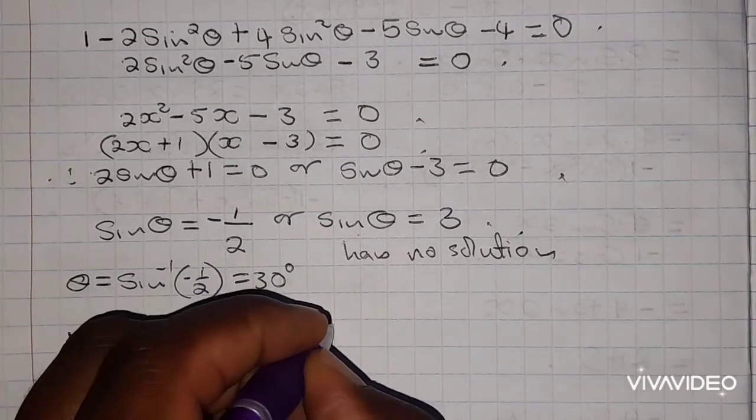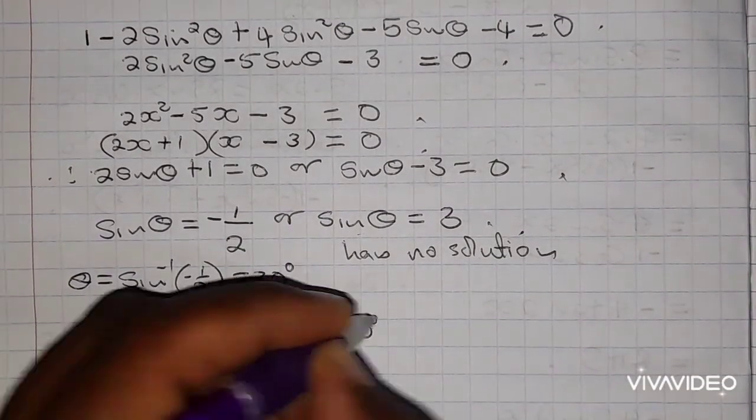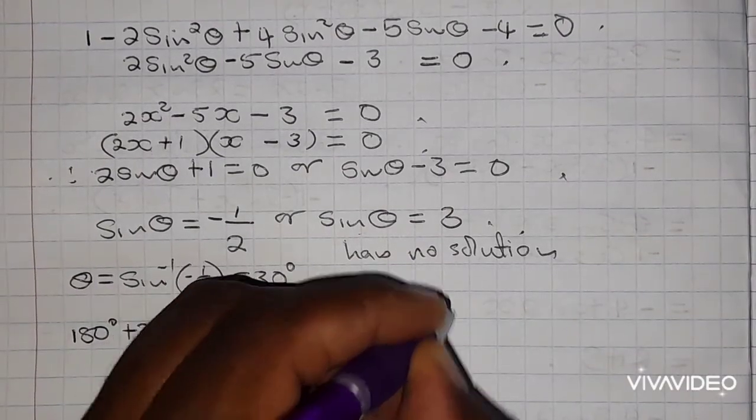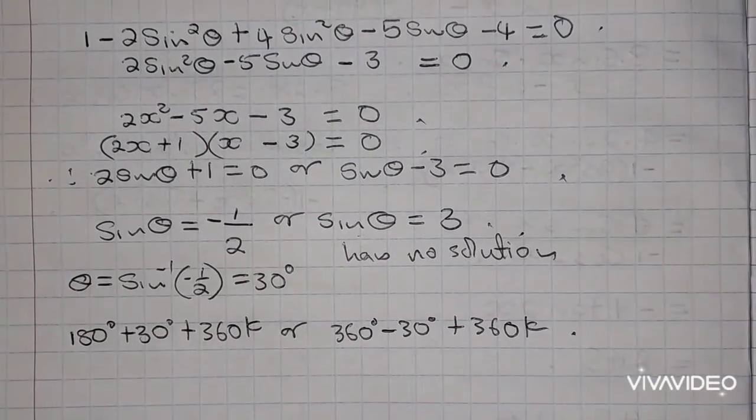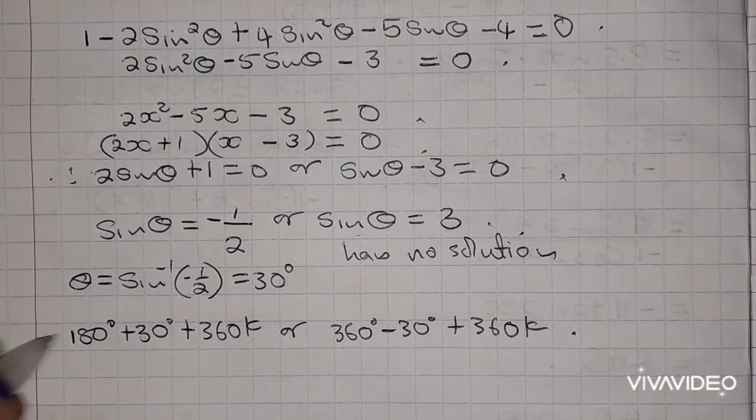The fourth quadrant is 360 degrees minus 30 degrees plus 360k. Simplify this.